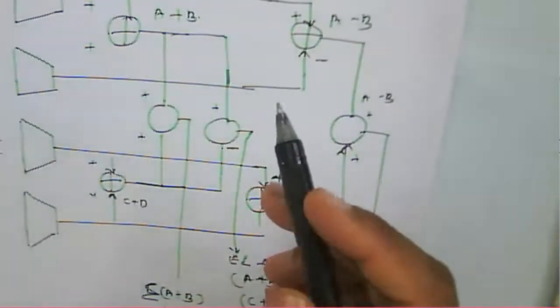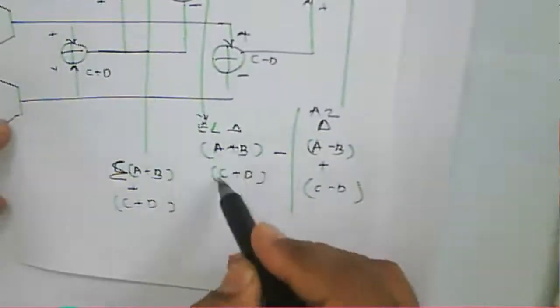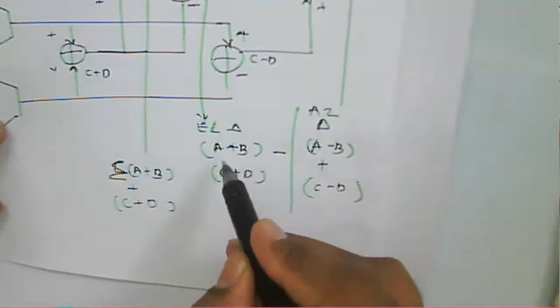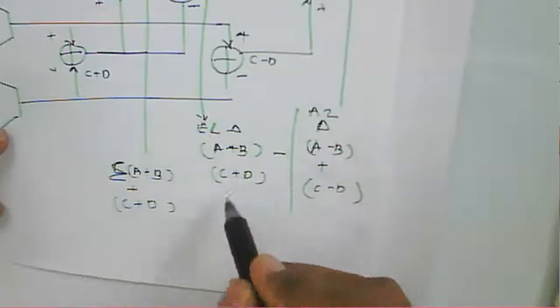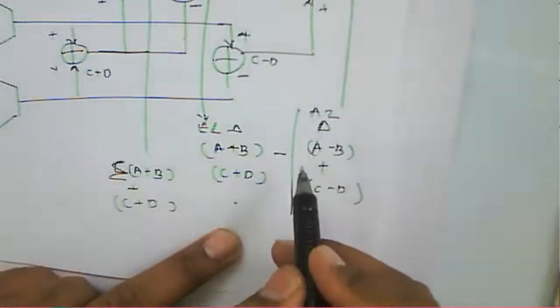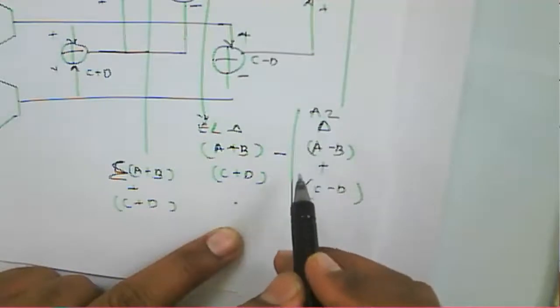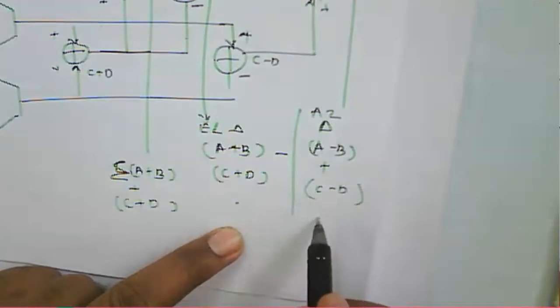The difference of the signals from ABCD will give us the error signal. The difference of A plus B and C minus D will give the error signal in the elevation, and the difference of the signals AC and BD will give us the azimuth there.